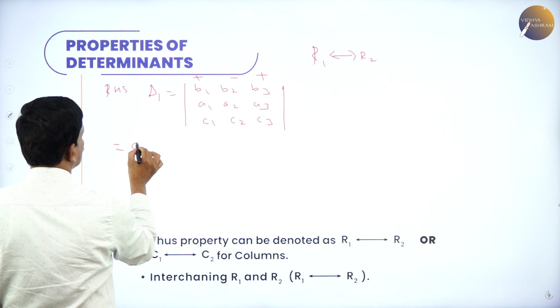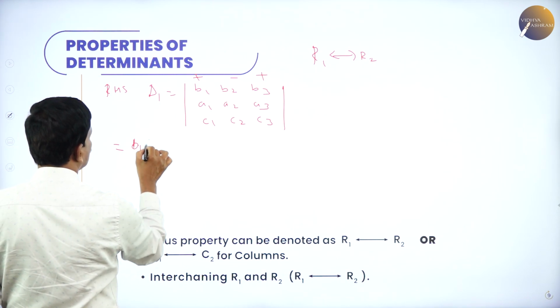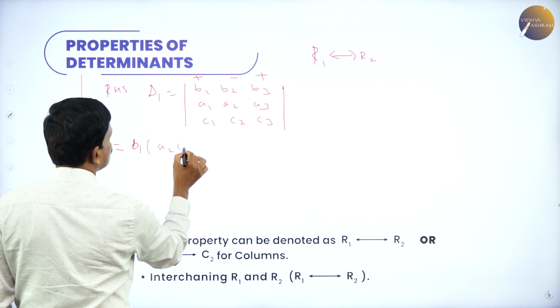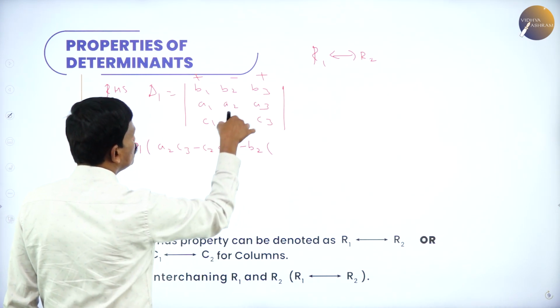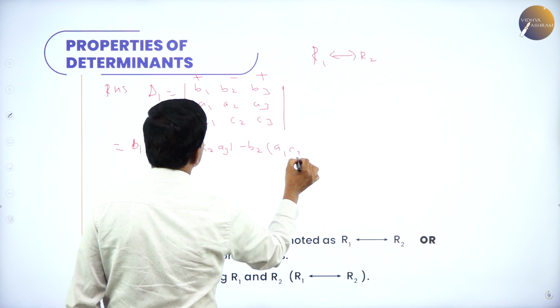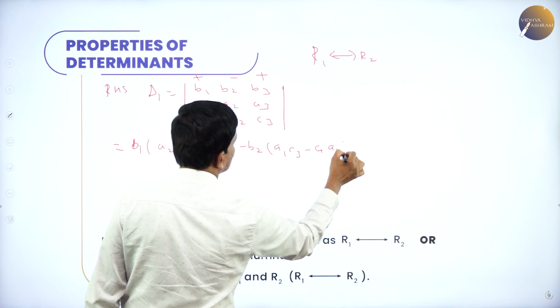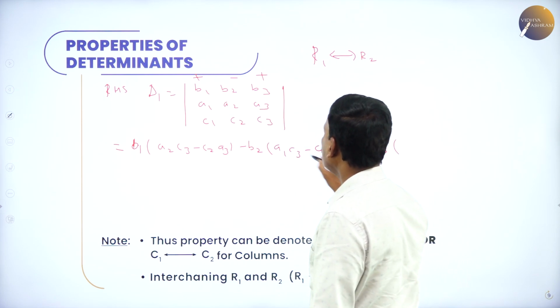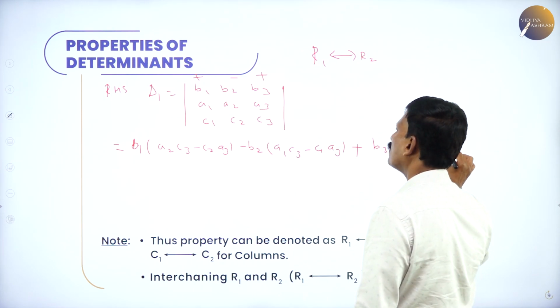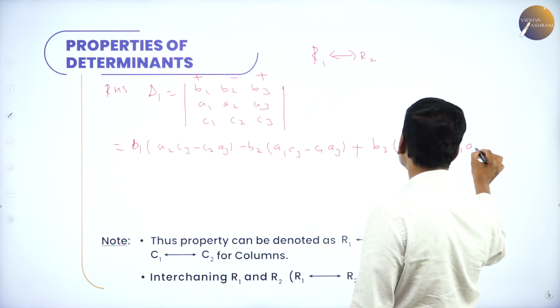So it is B1 into A2 C3 minus C2 A3, minus B2 into A1 C3 minus C1 A3, plus B3 into A1 C2 minus C1 A2.